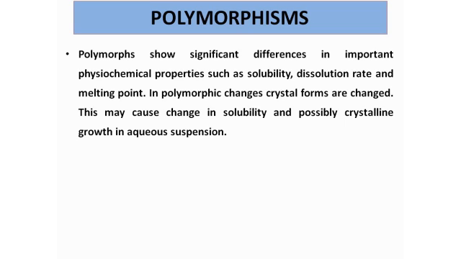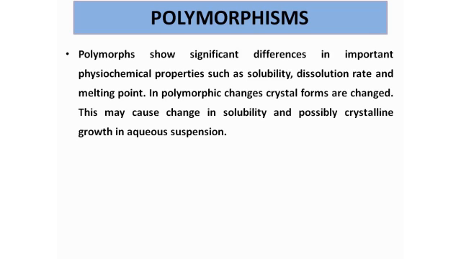Take sulfur, you know that sulfur has polymorphs. These polymorphs show differences in properties such as solubility, dissolution rate and melting point. So one form of sulfur may have a different solubility, dissolution rate and melting point, whereas the other form of sulfur will differ in these three parameters.